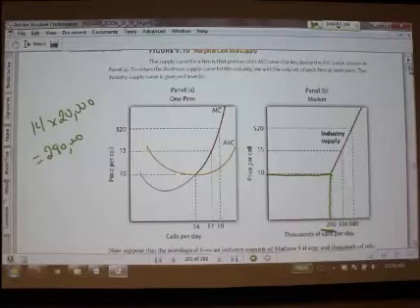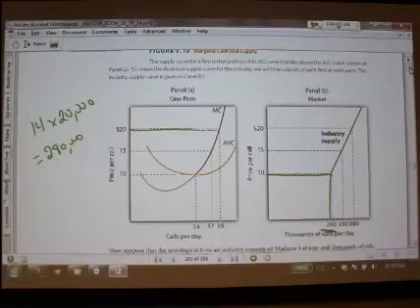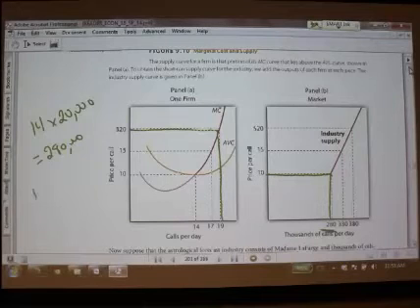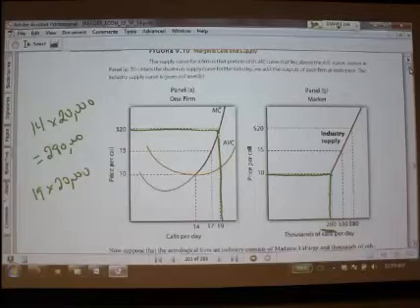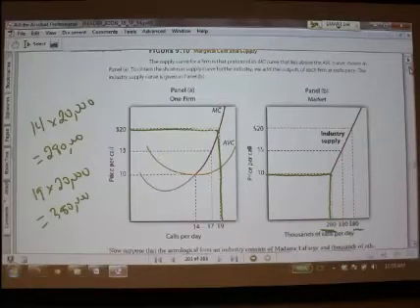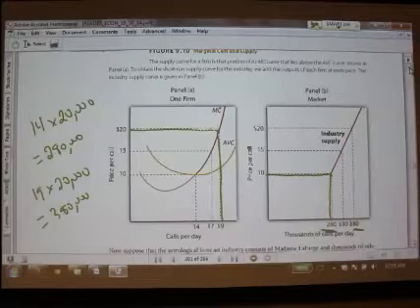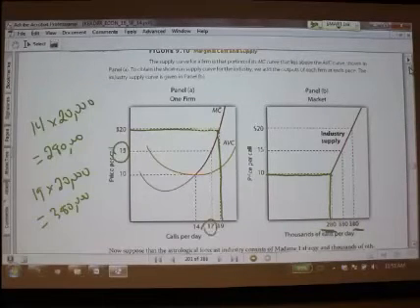If the price is $20, an individual firm will produce 19. But there's 20,000 firms, each producing 19. And so what we have is 380,000, or this quantity right here. Now it turns out at 15, an individual firm produces 17.